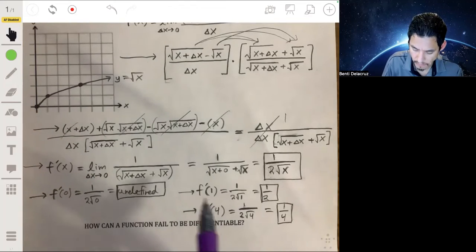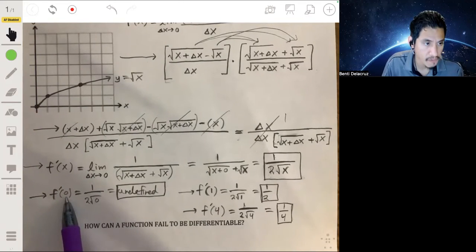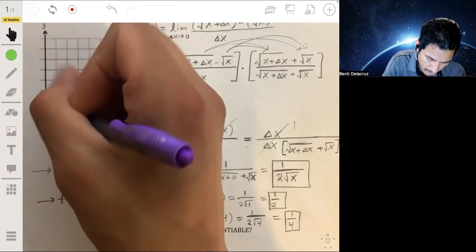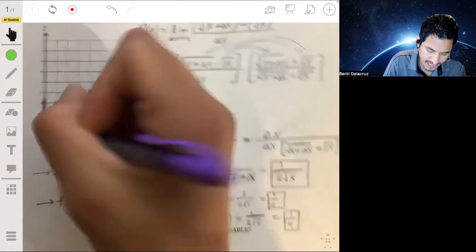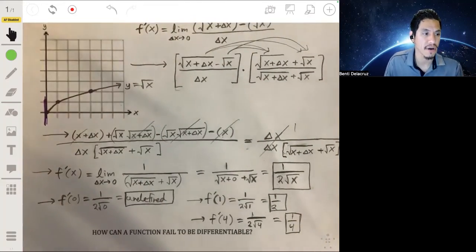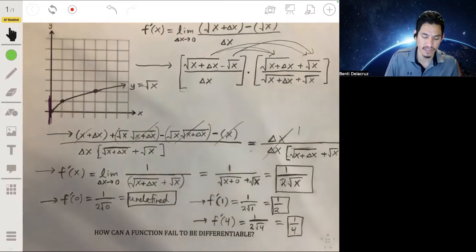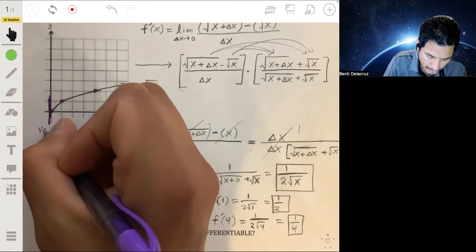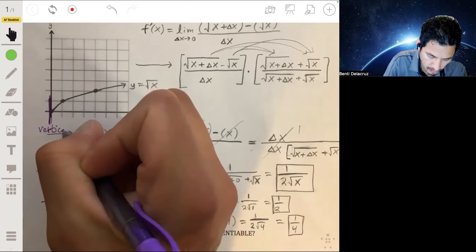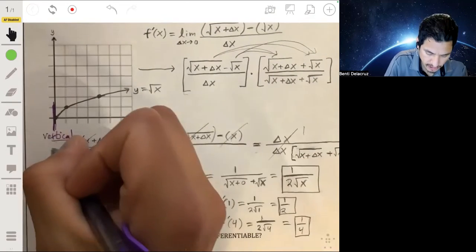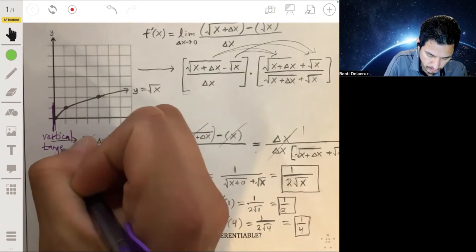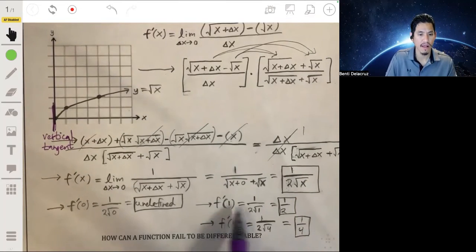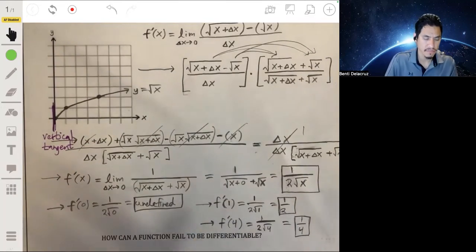So at x is 0, what you have is a vertical tangent line, because that describes a line that has an undefined slope. Let me actually write that down. Vertical tangent. Now, when x is 1, there's a slope of 1/2.